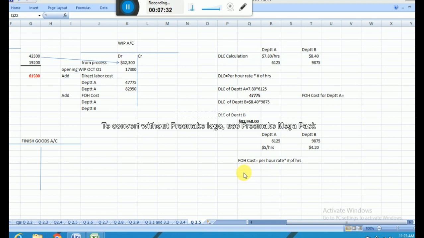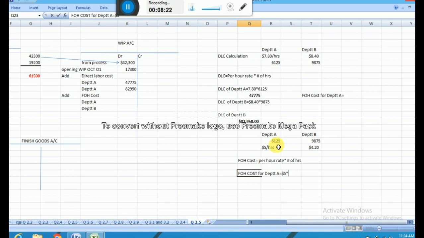Now factory overhead cost for department A is equal to the per hour cost, which is $5, multiplied by the number of hours for department A, 6,125.